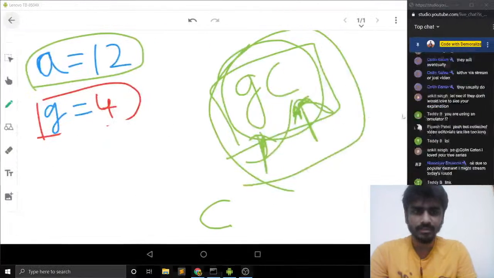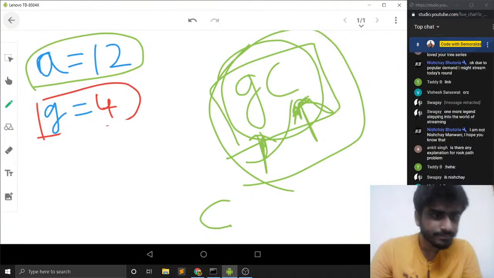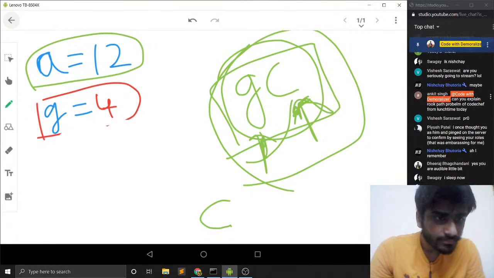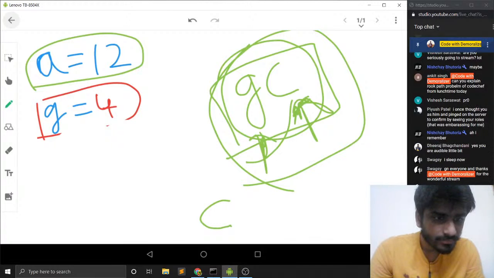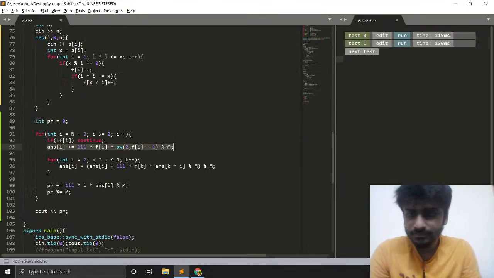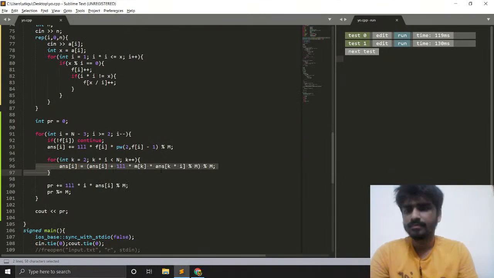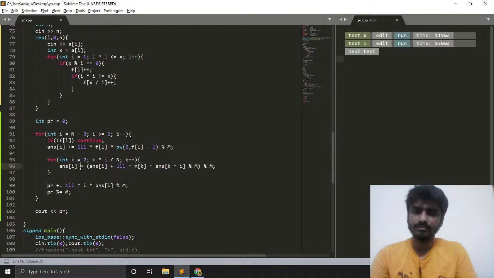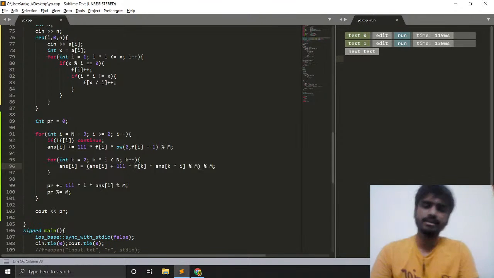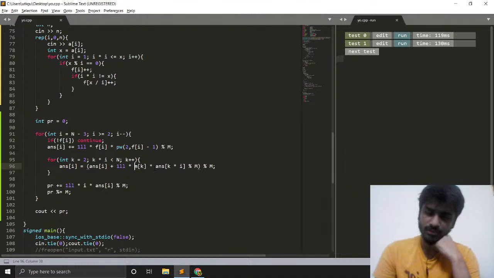Is someone telling me my mistake in the chat? Line 96. You think this should be a minus here? Actually, I don't think it should be minus because the Mobius function works that way, it will automatically be negative for. Wait a minute. I think you're right.